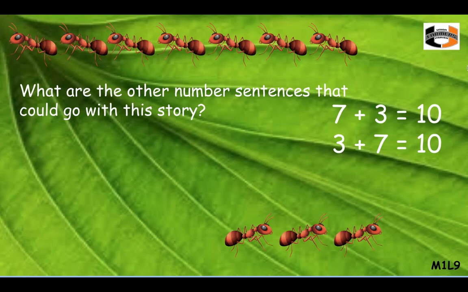Can you think of another way we can write this number sentence to match this story? That's right. You can put the total at the beginning. 10 equals 7 plus 3. And then you can switch your parts and say 10 equals 3 plus 7. So these are the 4 ways you can write a number sentence to match our ant story.